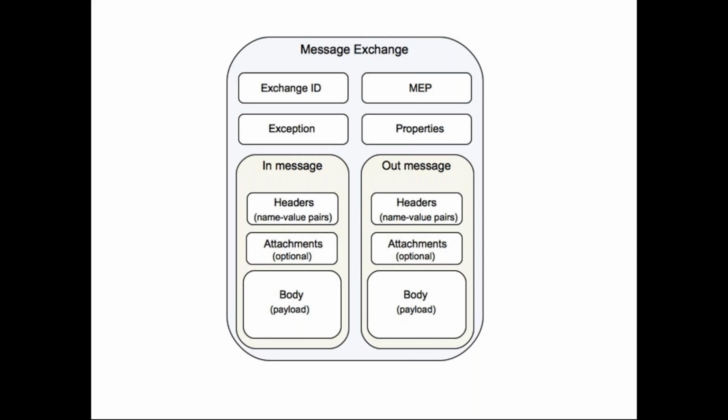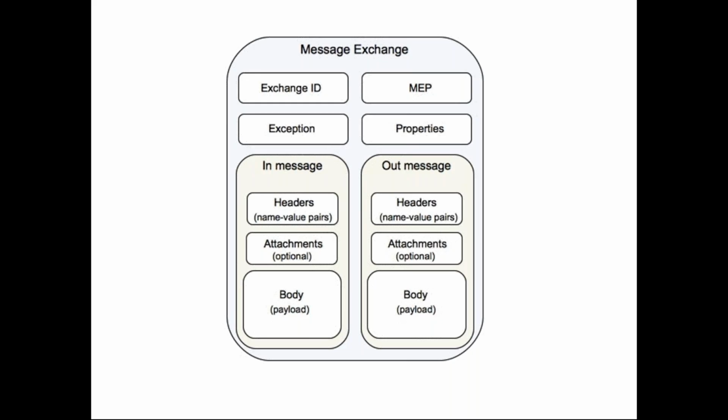InOnly means the message goes in only, so the route handles a one-way message. The sender doesn't wait for a reply from the receiver, so the exchange will carry an In message only.